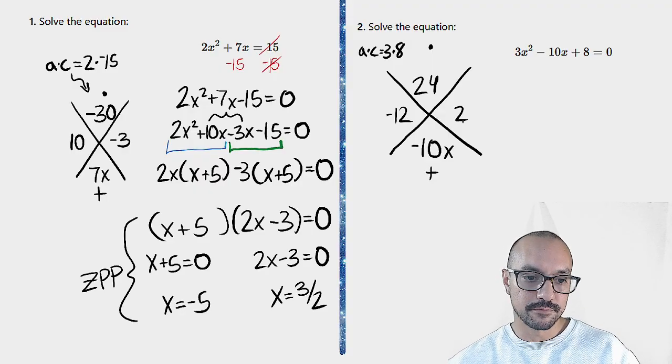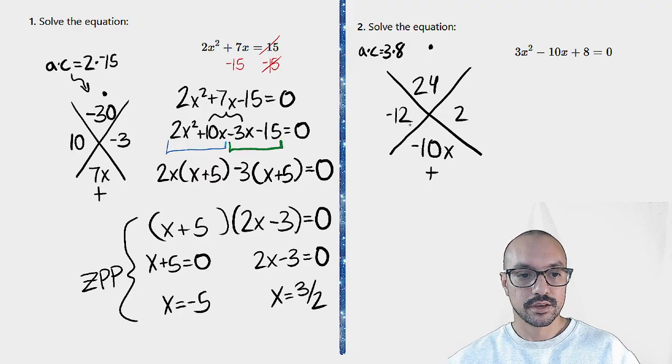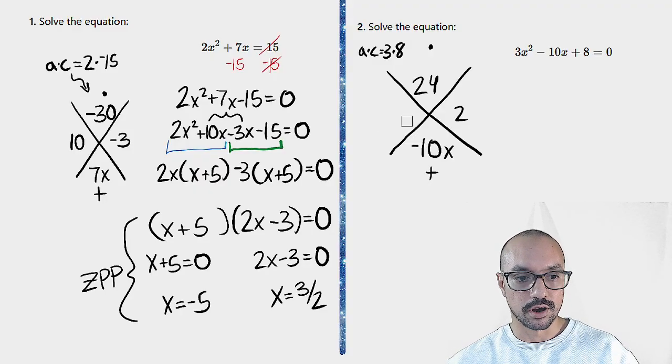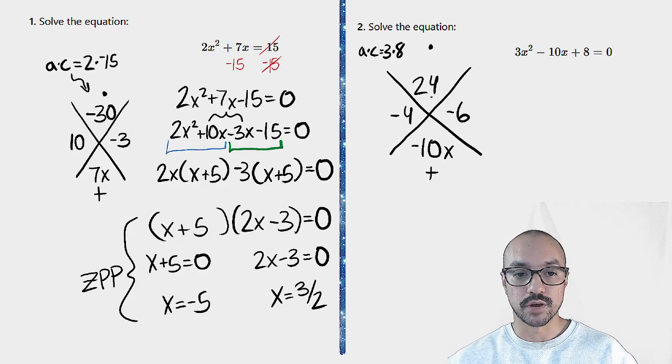So negative 12 plus 2 does make negative 10, but it doesn't multiply to make positive 24. So that's actually not what I want. I'm going to try something else. Let's try negative 4 and negative 6. So negative 4 plus negative 6 does make negative 10. And negative 4 times negative 6 does make positive 24. So this is exactly what I wanted.